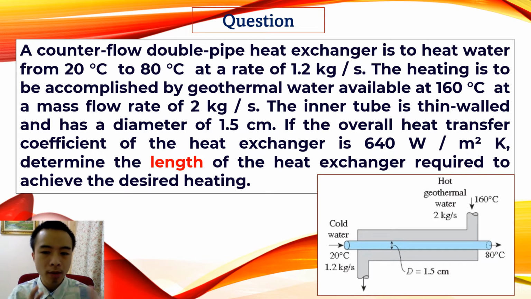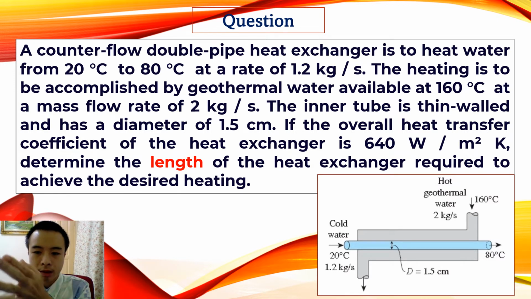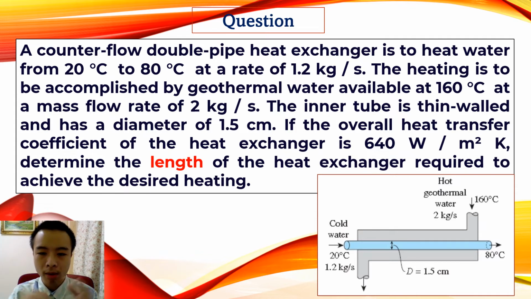A counterflow double pipe heat exchanger is to heat water from 20 degrees Celsius to 80 degrees Celsius at a rate of 1.2 kg per second. The heating is to be accomplished by geothermal water available at 160 degrees Celsius at a mass flow rate of 2 kg per second.